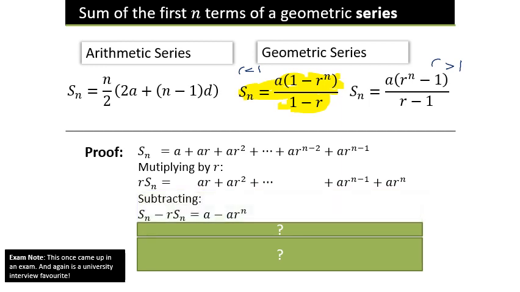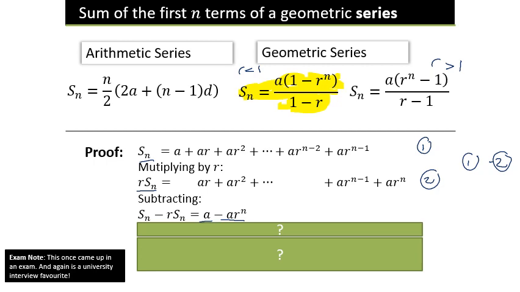If we call this sequence 1 and this sequence 2, and do sequence 1 subtract sequence 2, we get S_n minus rS_n equals a minus ar^n.